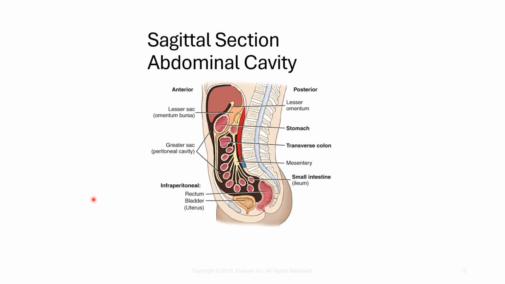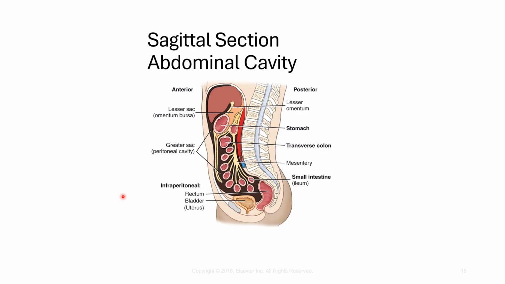This is that sagittal section of the abdominal cavity. This is actually on page 107, figure 3.16, and they're showing you how the different organs lie, whether they lie in the peritoneum, behind the peritoneum, or below the peritoneum.